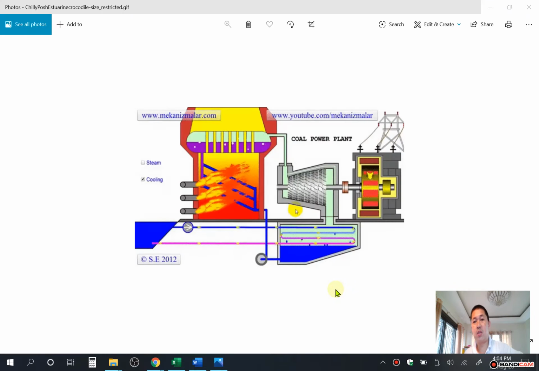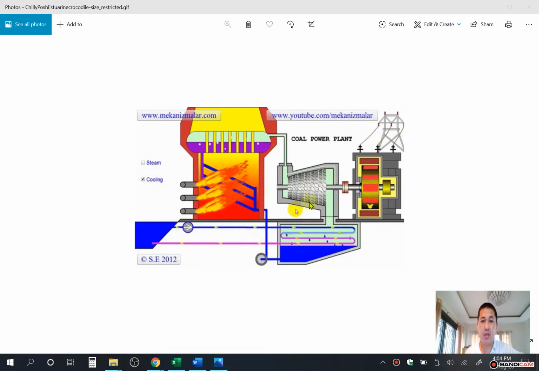So this is a coal power plant. So this is a steam turbine, not a gas turbine. So there is a big boiler generating steam, and the steam is used to turn the steam turbine.